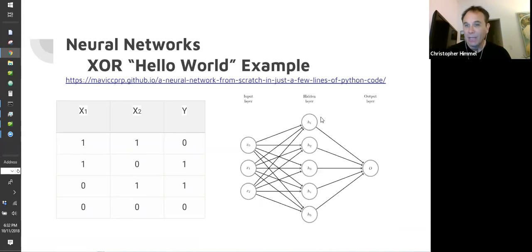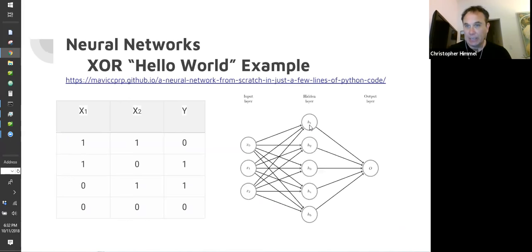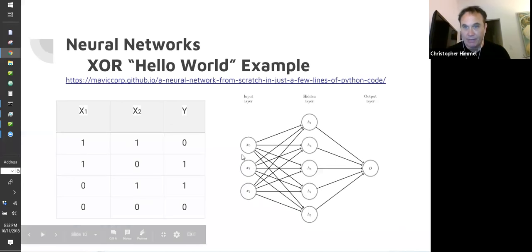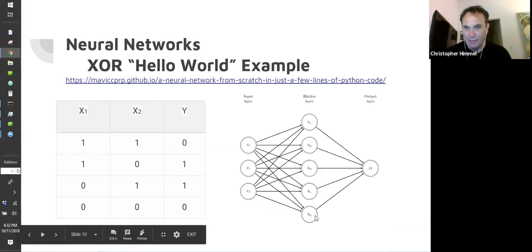I then have 5 neurons in a hidden layer named H1 through H5. And I've got weights between each one of these layers. Each one of these neurons are inputs to this neuron, and then from this neuron, the output neuron. So that's our structure that we're going to go through.